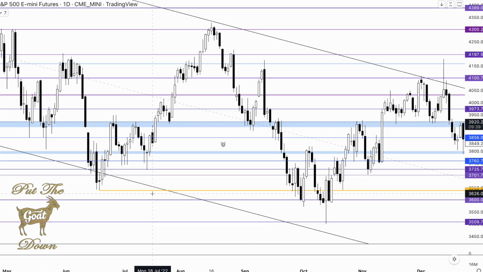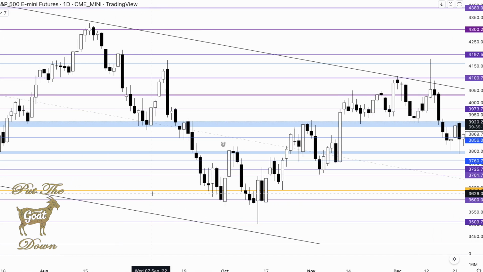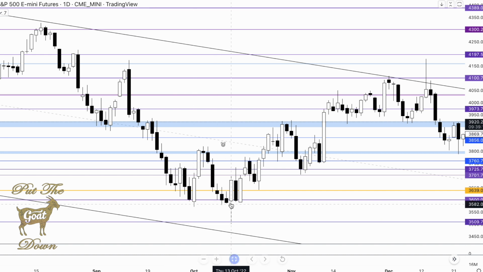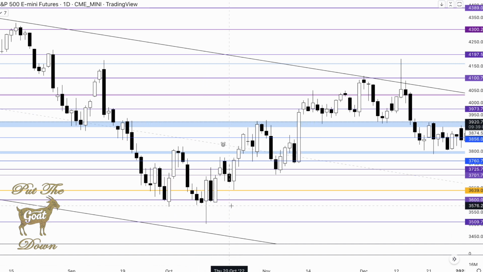So right now, when you see wicks like this, it's indicative that price moved very fast. There's incomplete auctions. If you have a footprint chart, you can actually see the imbalance. You can see the incomplete auction. You can see that there were market participants that just didn't get a chance to play.